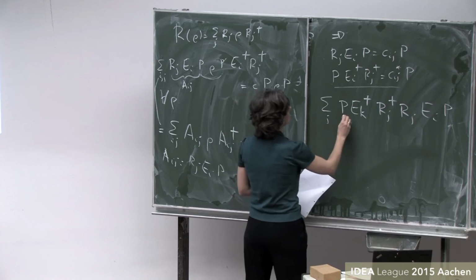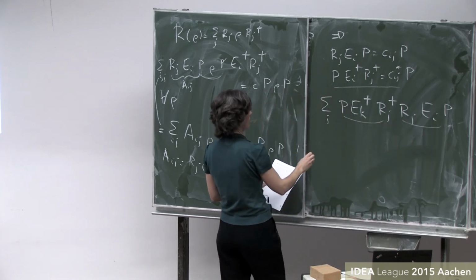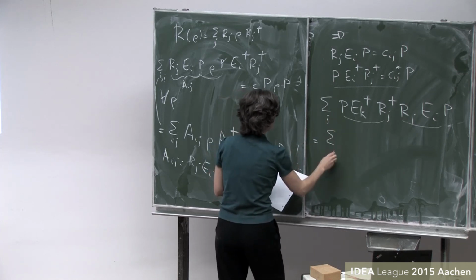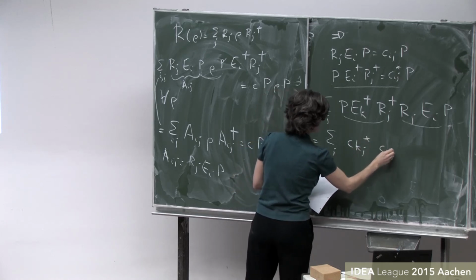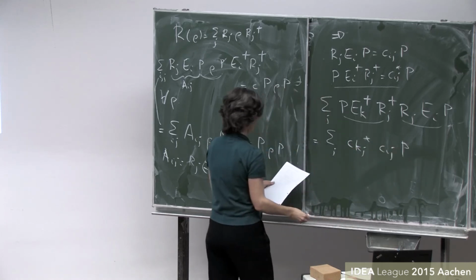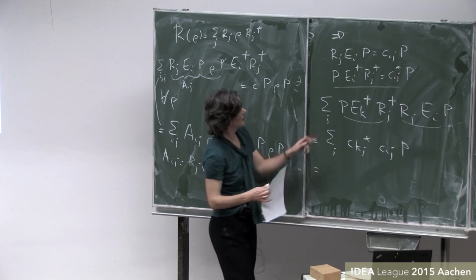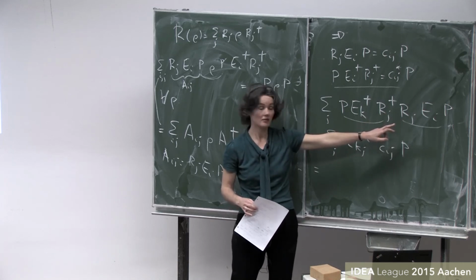That's just this and that. So I can use these equalities to say that this is the sum over j, c_kj star, c_ij P. And I can use that the sum over j of R_j dagger R_j is the identity. Agree?